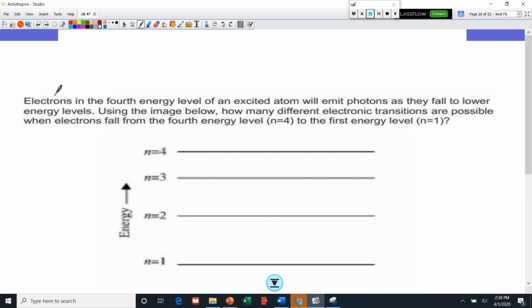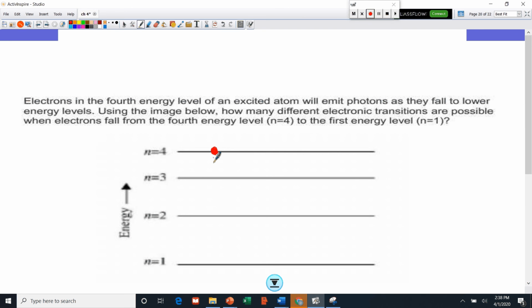It says electrons in the fourth energy level of an excited atom will emit photons as they fall to lower energy levels. Using the image below, how many different electron transitions are possible?